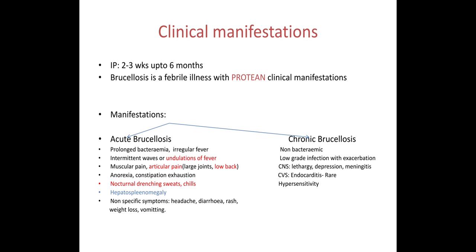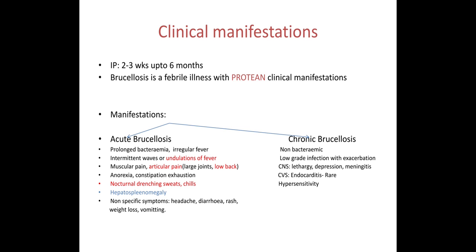Patients may experience anorexia, constipation, exhaustion. Nocturnal drenching sweats and chills is also a very important feature of acute brucellosis. You may see hepatosplenomegaly and other non-specific symptoms like headache, diarrhea, rash, weight loss, vomiting may be exhibited in a small proportion of patients.